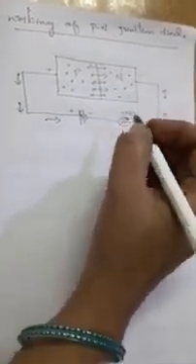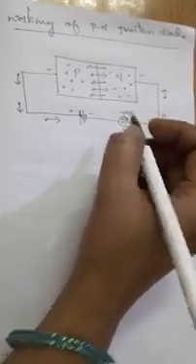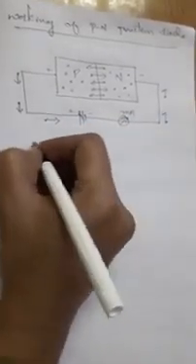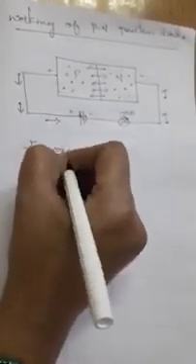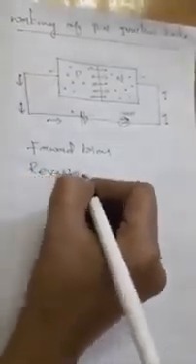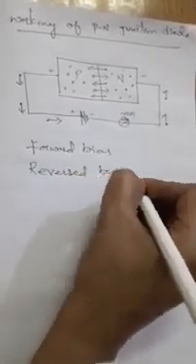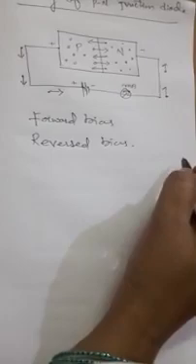In order to consider the working of a diode, we have to consider the effect of forward bias and reverse bias across the PN junction diode. So first of all, what is forward bias?